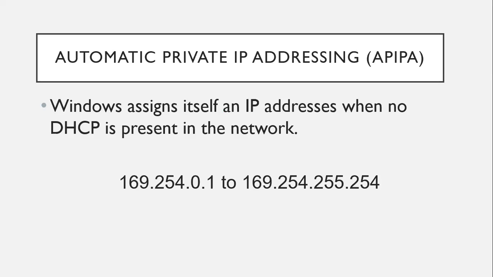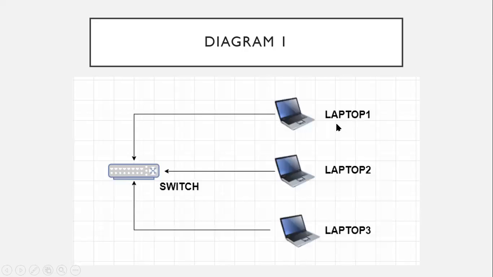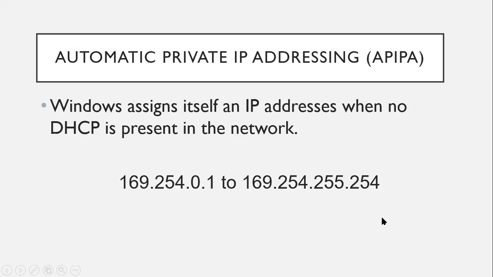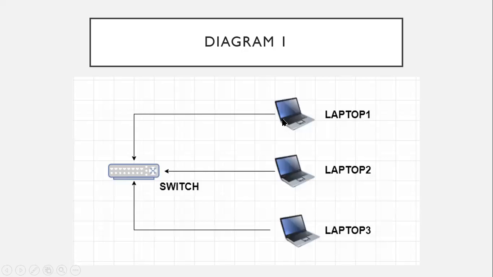So what is automatic private IP addressing, or the APIPA? Remember diagram one, you have no DHCP server or router in your network. What the laptop does is assign itself an IP address which is in the range of your APIPA, the automatic private IP addressing. Now, it will first use the broadcast address.